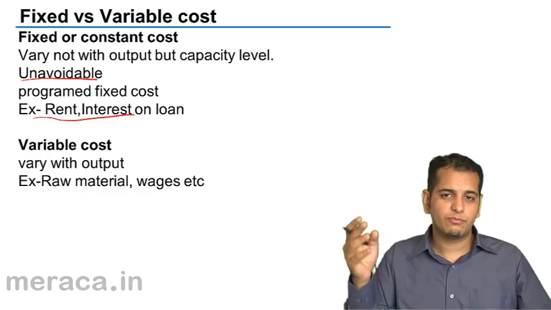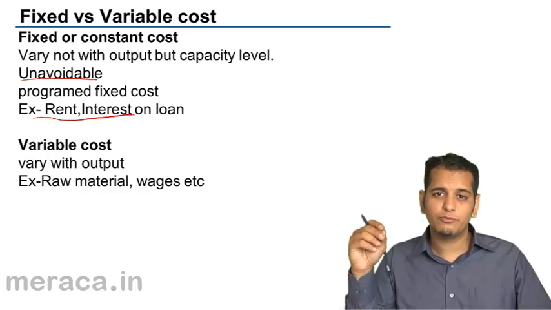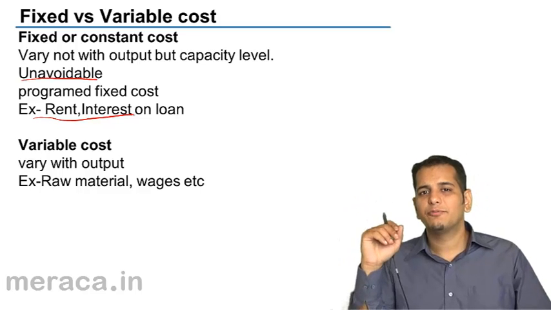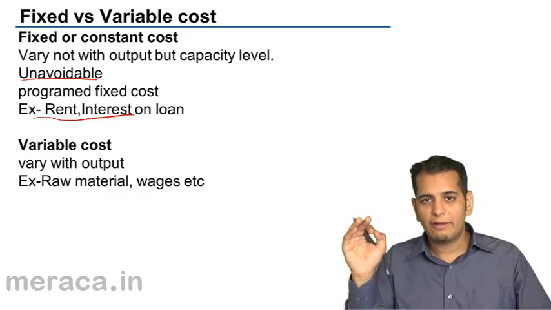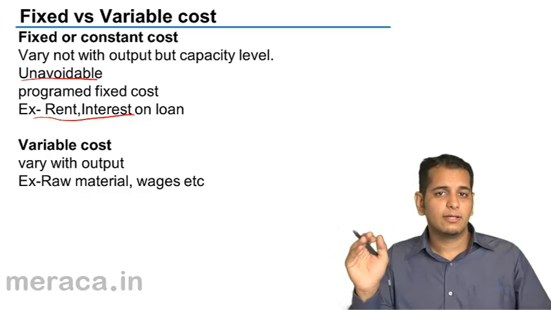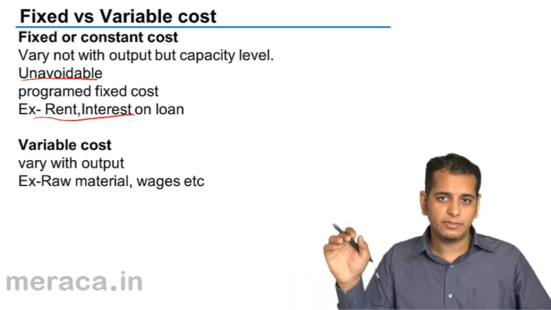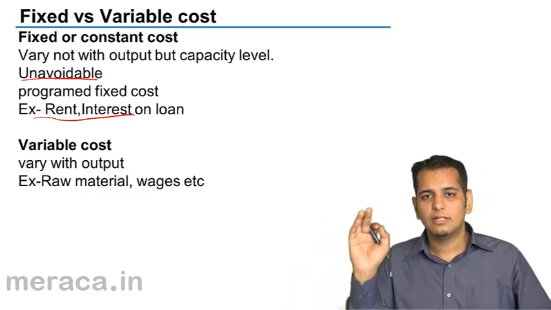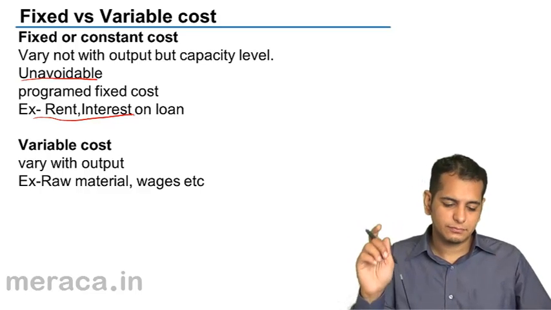You might use the funds for your business, for your personal use, or for investing somewhere else. It is immaterial. You cannot go and tell the bank that you are not using the funds, so please do not charge me any interest. The bank will still charge you interest. So you cannot avoid that cost.